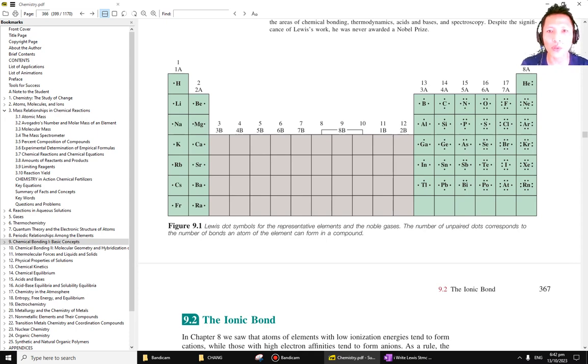So you only have to take note of these seven groups, which have valence electrons according to the numbers or the families that they have. So that's the first one, and it's so easy. You only have to look at the periodic table, and you can actually use your periodic table when making Lewis structures.